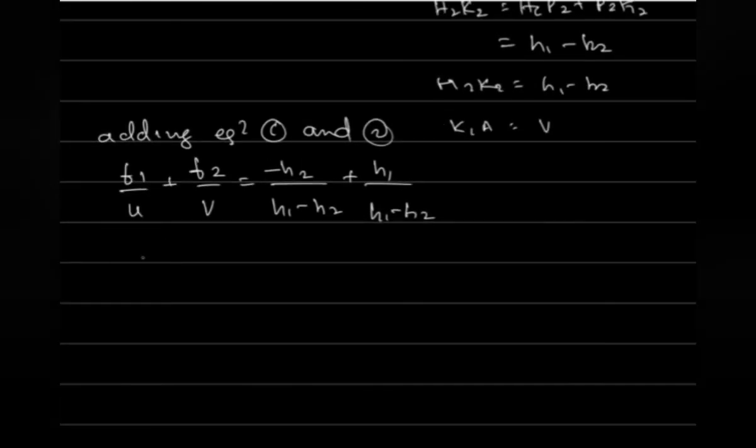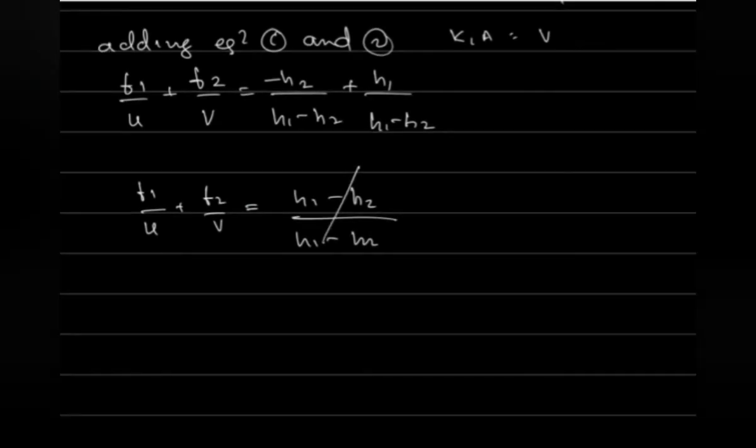So the equation becomes F1 upon U plus F2 upon phi equals to H1 minus H2 divided by H1 minus H2. So H1 minus H2 gets cancelled, and what remains here is F1 divided by U plus F2 divided by phi equals to 1.